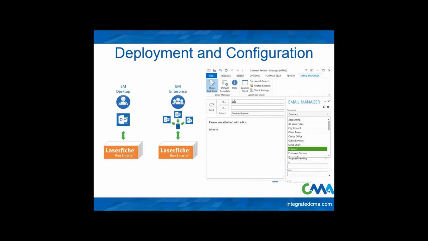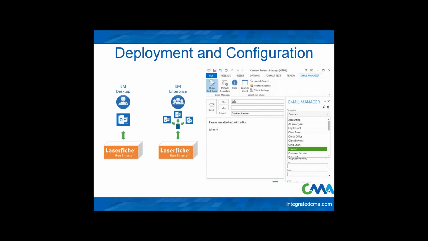So you can see here on the right, really this is a user-driven experience for email management and email archiving. It pulls your Laserfiche templates into the Outlook interface. It allows you to do conversation tracking. It allows you to search emails, attachments, and other documents stored in Laserfiche right from within Outlook. And it also allows you to apply rules-based policy for handling emails, whether they're in your inbox or inbox folders or sent items.